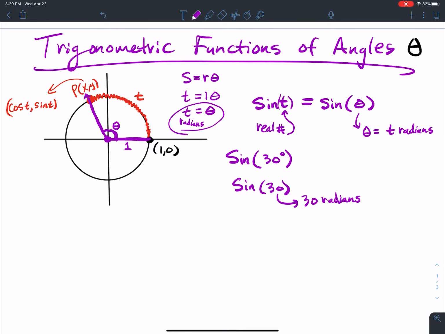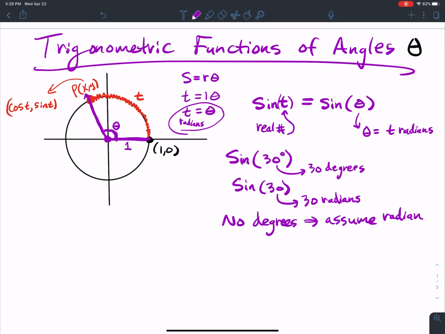This is 30 degrees. So if you don't see the degree symbol, then we assume radians.